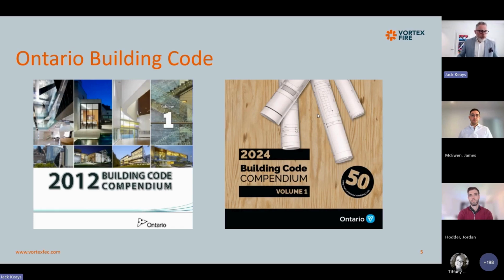We want to touch on this. A lot of these changes actually came into the 2012 OBC, towards the very end of that 22, 23 timeline, at the very end of that cycle, but they're now in the 2024, which is the one we use today. A lot of those were to match up with the National Building Code of Canada.